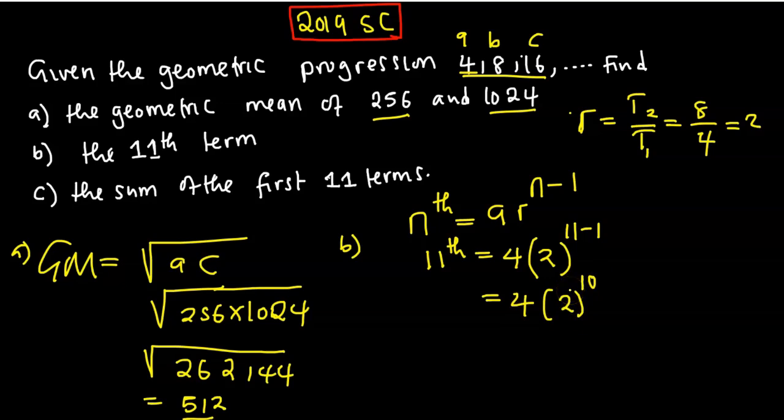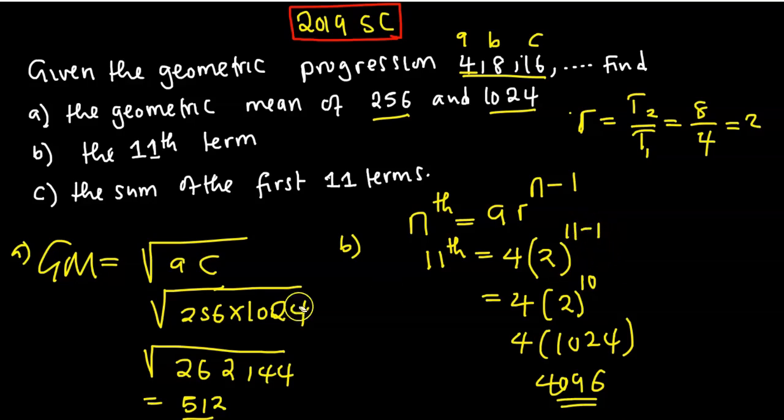Punch on the calculator 2 to the power 10, equal to what? I found 1024. Then multiply it by 4. It's giving me 4096. So this is the 11th term.